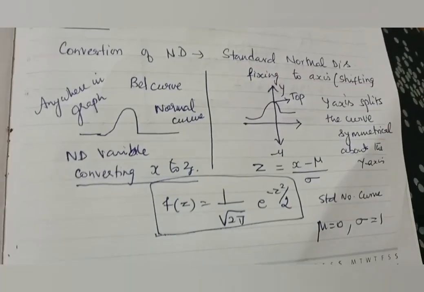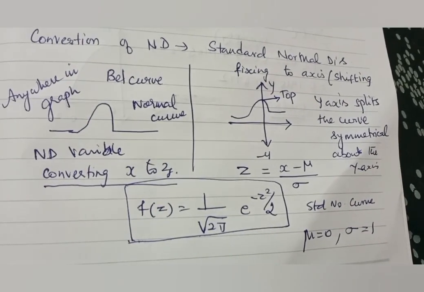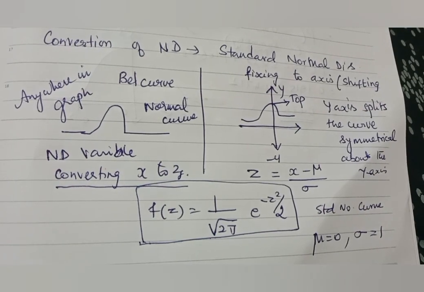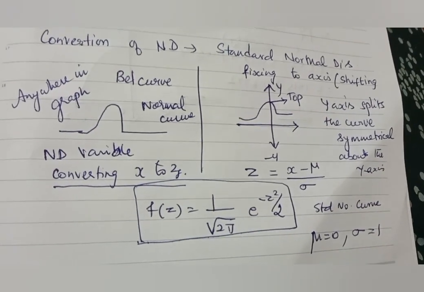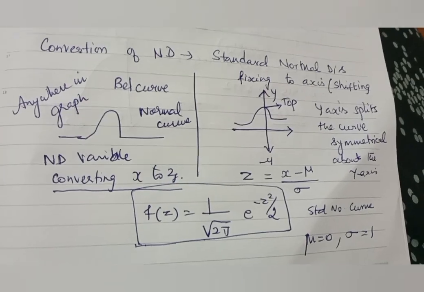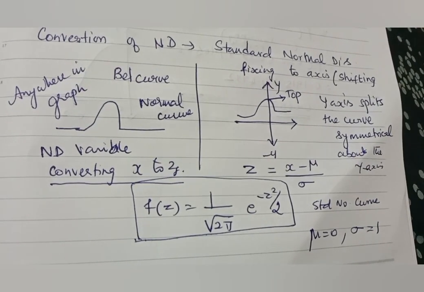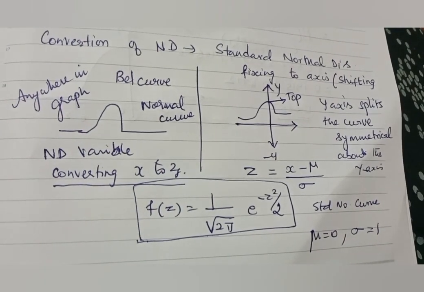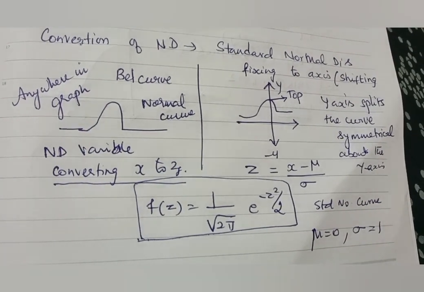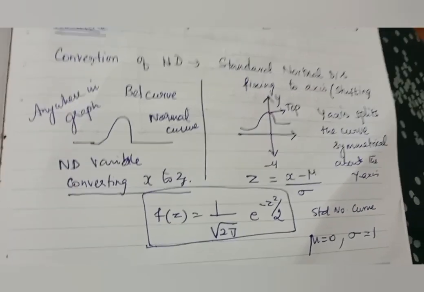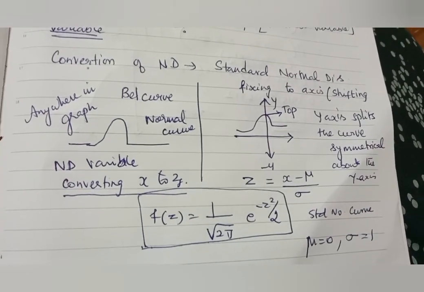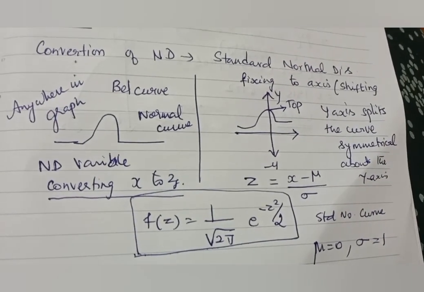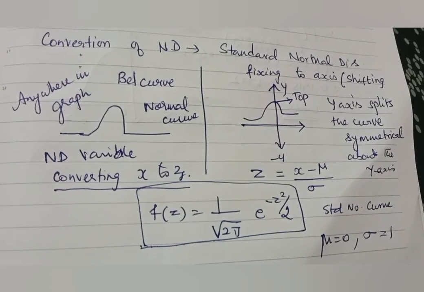So now we have converted the x value to z, where z is equal to x minus mu by sigma. Therefore, the probability density function of the standard normal distribution is f of z is equal to 1 by square root of 2 pi into e power minus z square by 2. So this is the derivation of the standard normal distribution.